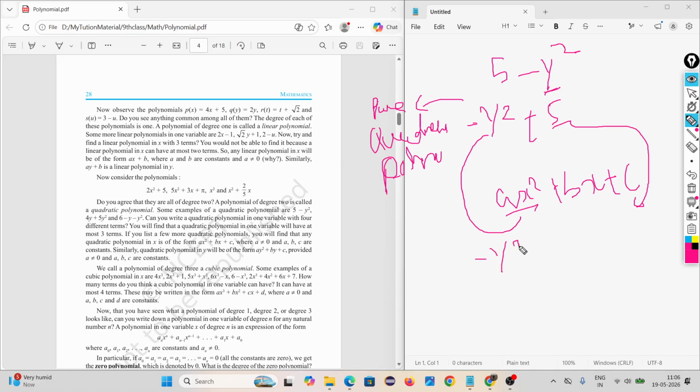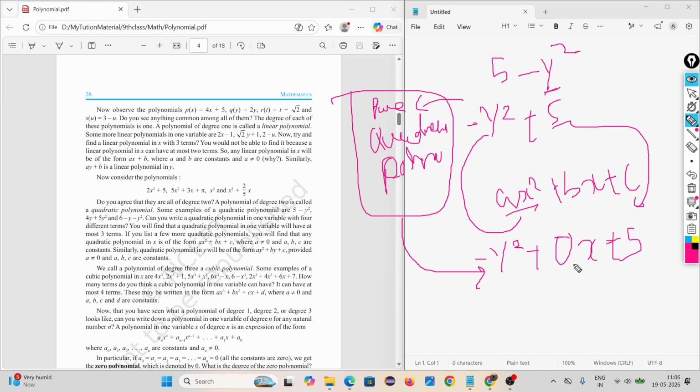But I can write 0x, and 0x is nothing but 0. We can convert a pure quadratic polynomial into its general form by using the x term, and the coefficient of the x term should be 0.